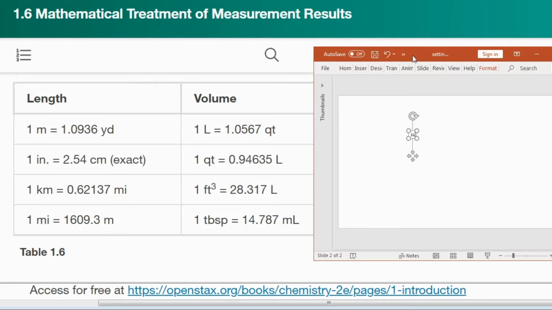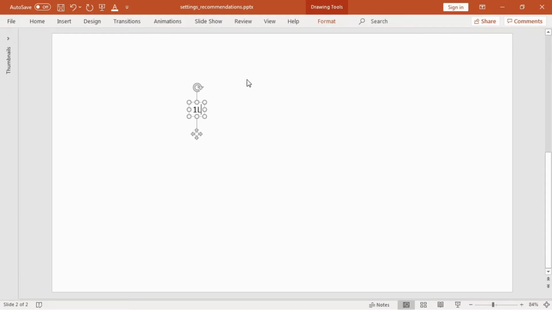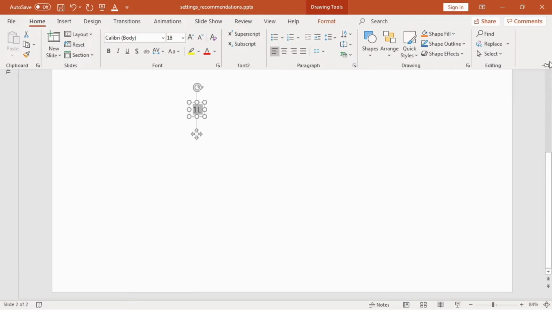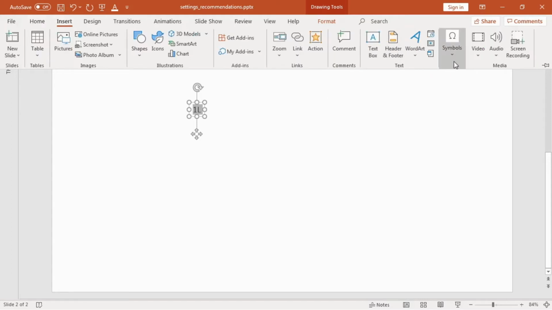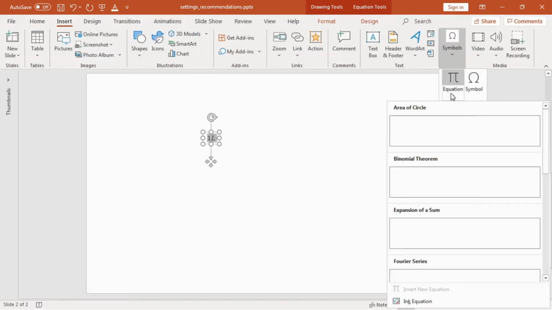Oh boy, apologies to the viewers here. I'm actually learning how to do this in PowerPoint better. So there is an equation feature here that I want to use, and to do that, let me pin this and do insert symbol equation.